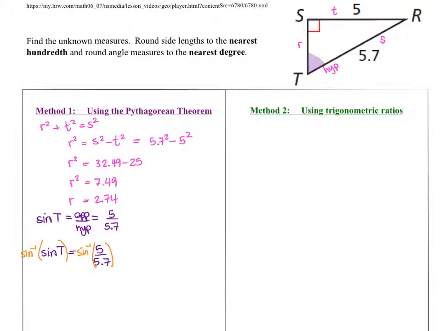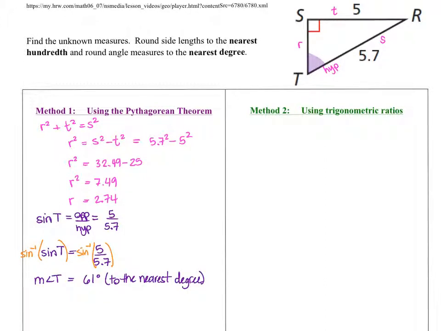On the left-hand side, the sine and the inverse sine cancel out, and we end up with the measure of angle t. On the right-hand side, we put in our calculator the second key, or the shift key, to get the inverse trigonometric function, inverse sine, 5 divided by 5.7, which gives us 61 degrees, rounded to the nearest degree.